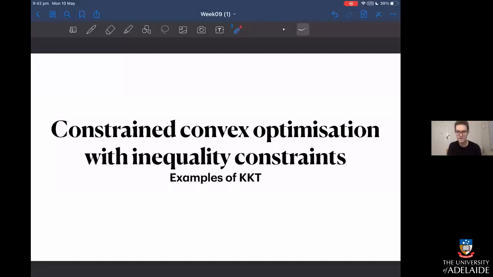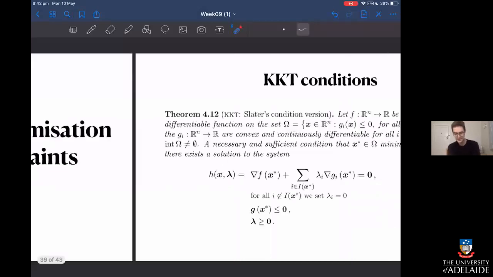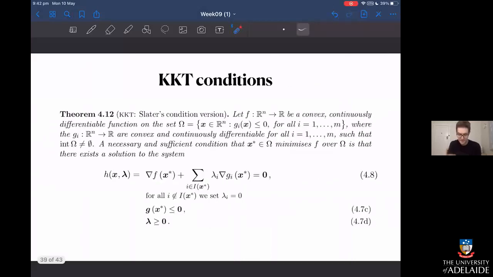Okay, so here are some examples of how the KKT theorem works in practice. So here it is again. Remember that the first expression in the KKT conditions is the gradient of this Lagrange-like function. So we find this new function, f of x plus the sum of lambda i g_i of x, and then differentiate that and set it equal to 0, where we sum over the active constraints.